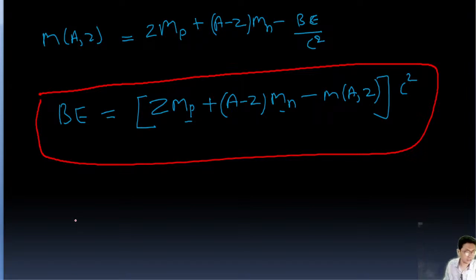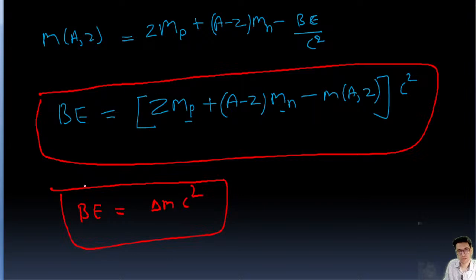Next, the binding energy can also be written as delta M c square. This delta M is known as mass defect.